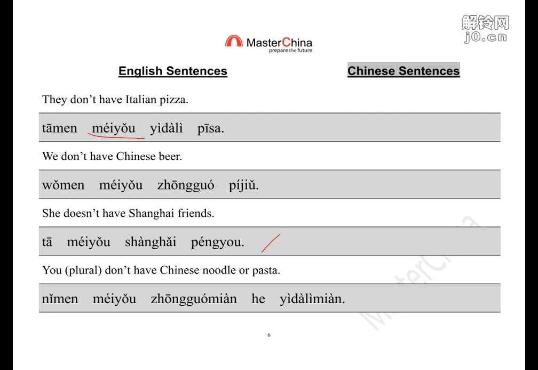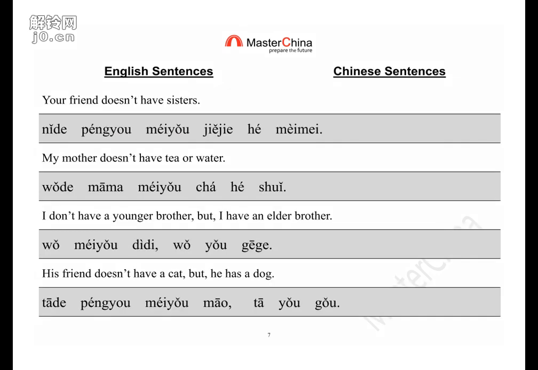Next one, plural form 你们没有中国面和意大利面 Here is and. That's second tone. 和 Okay. Next one is 你的朋友没有姐姐和妹妹 See, the sisters.